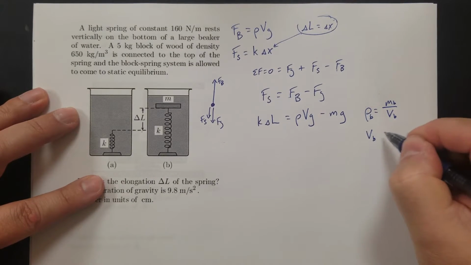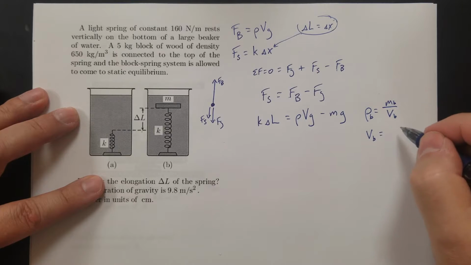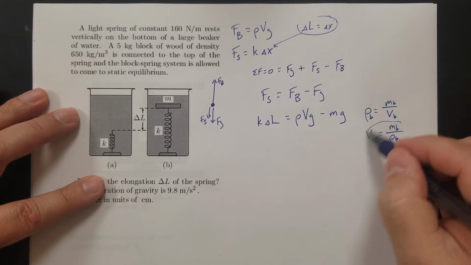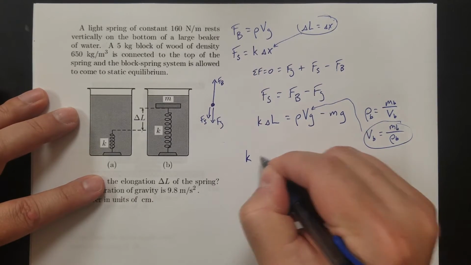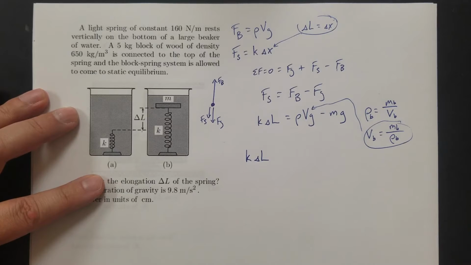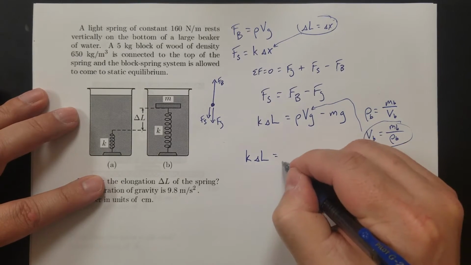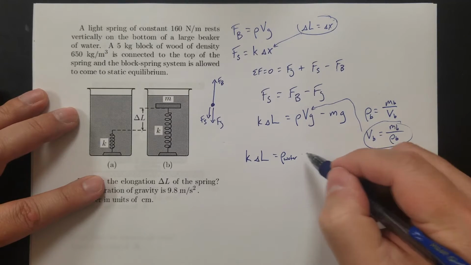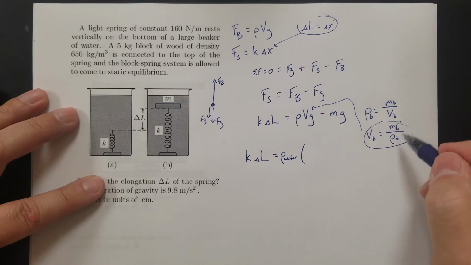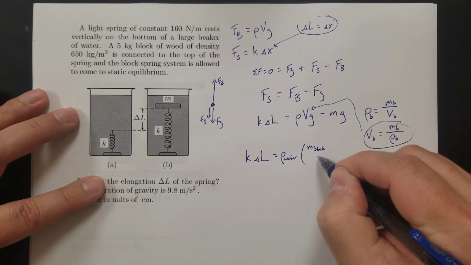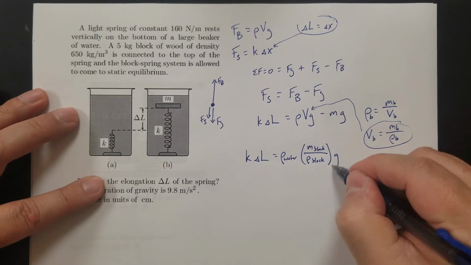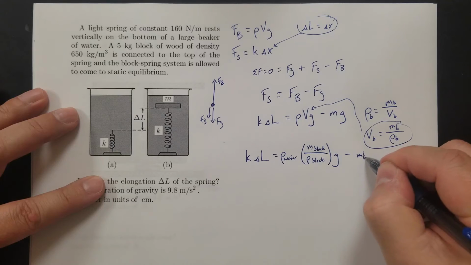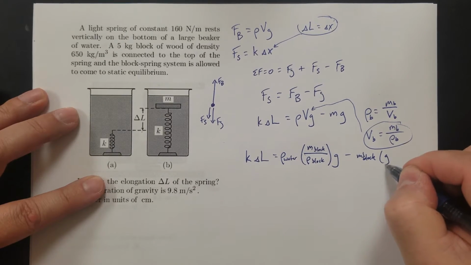That means the volume of the block, if I rearrange this, equals the mass of the block over the density of the block, and I can put that in for V. So now I have spring constant times delta L, which is what I'm trying to figure out, equals the density of the water times the mass of the block over the density of the block, times g, minus the mass of the block times g.